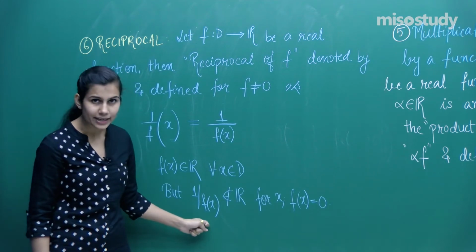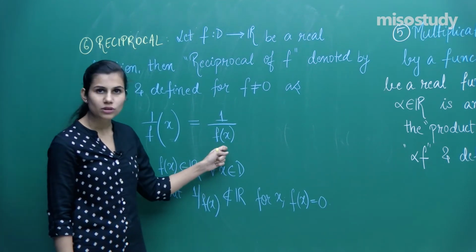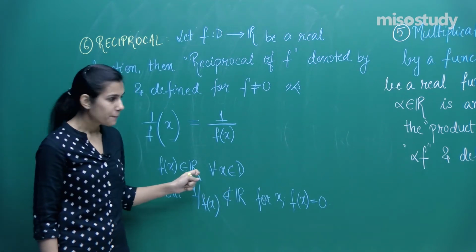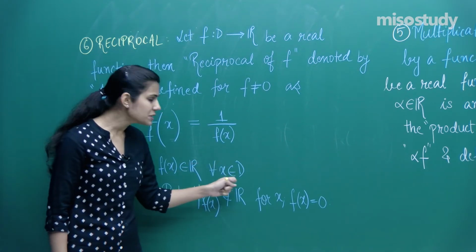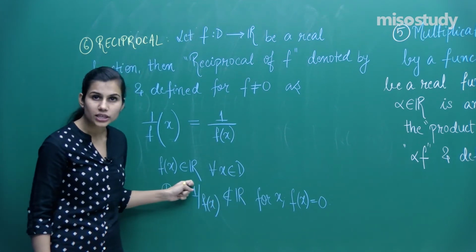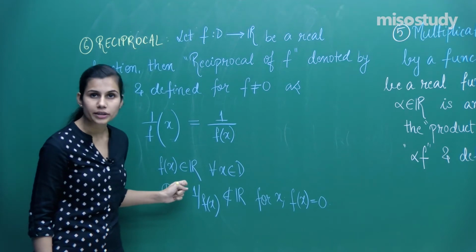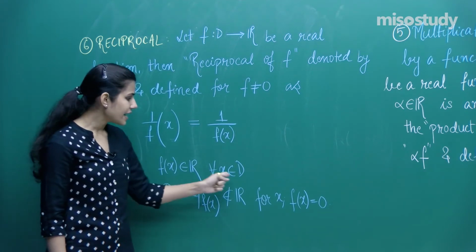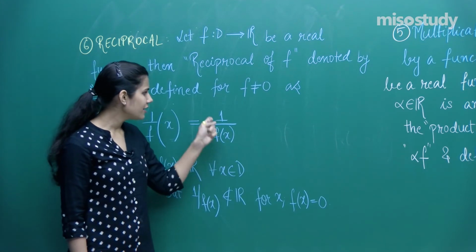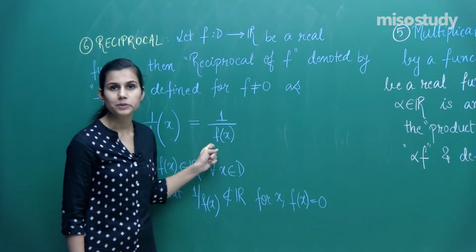And that is why I not just want x to come from the domain of f so that my fx is real, but I want x to be those members of the set D for which f is not just real but a non-zero real. Because if for any x inside D, fx is 0, for that particular x, 1 by fx will not be real.